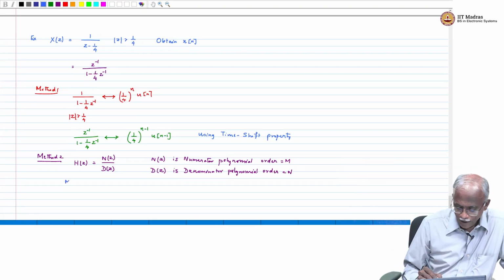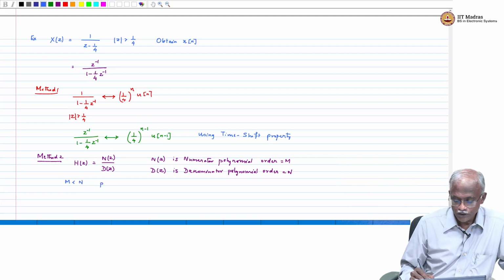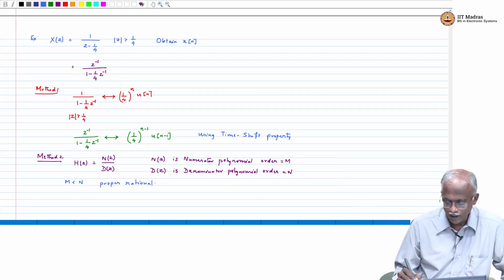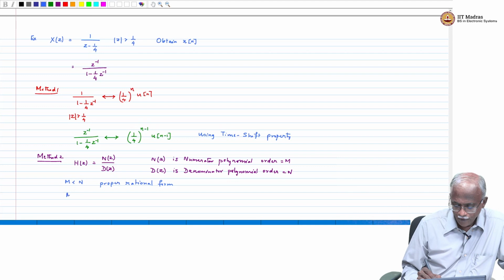If m is strictly less than n, this is called a proper rational form. The order of the numerator is less than the order of the denominator, proper rational form. Okay, m greater than or equal to n, this is called an improper rational form.